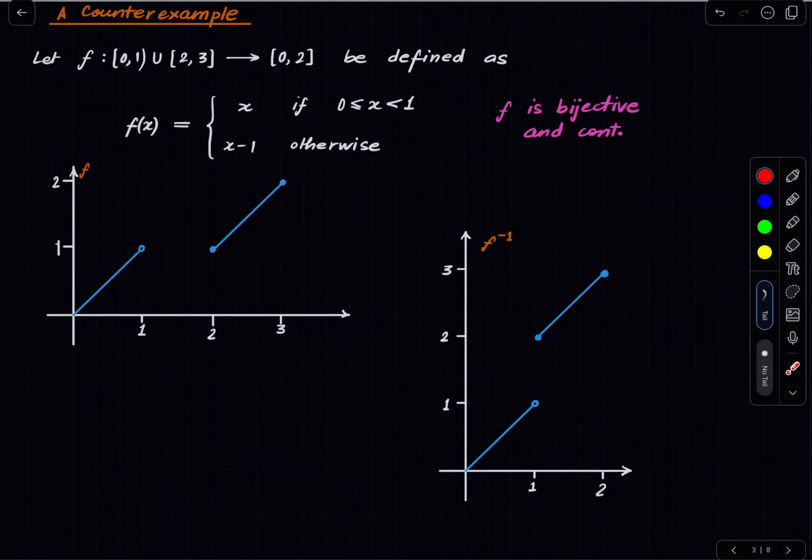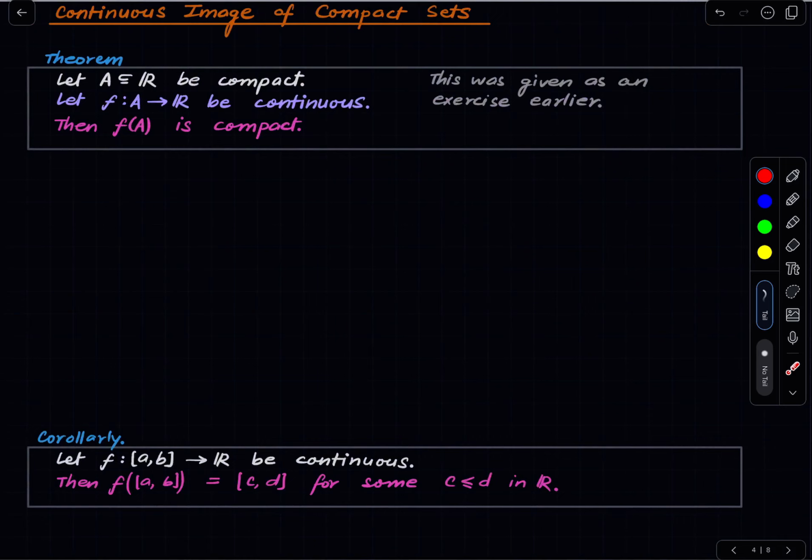All right, but as we'll show, all is not lost. If you have a bijective continuous function whose domain is an interval, then the inverse would also be continuous, and that is the main result of this lecture. All right, so before we go there, we need to talk about something that was given as an exercise earlier.